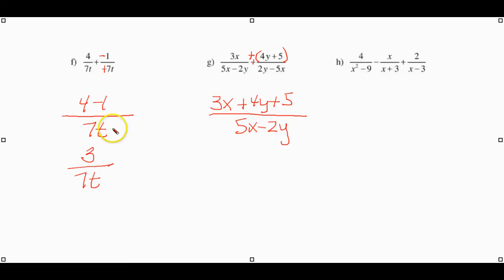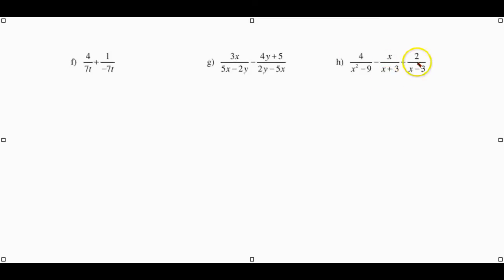Now in letter H, and I'll clear this up here, we have a subtraction and an addition. And we have 3 terms. So what will our lowest common denominator be here? Can you see that this is the difference of 2 squares and these are the conjugates?